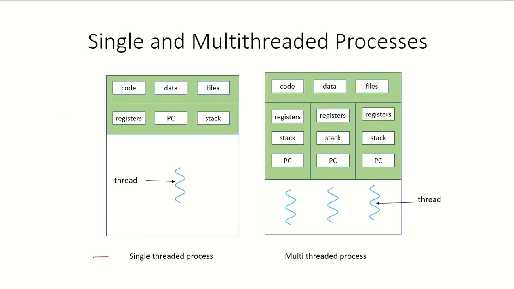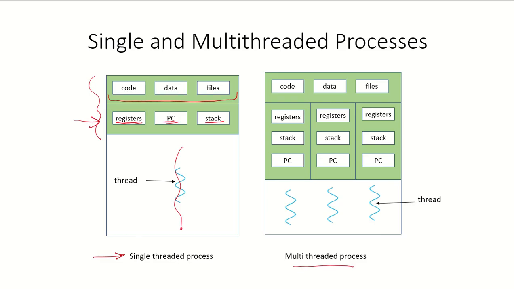Here is an example of a single threaded process. The process has a set of code, data and files, and it is using some hardware like the registers, the program counter and the stack. And this single thread of control executes the instructions using these resources.